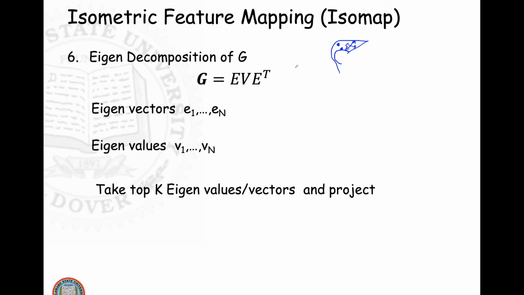And so one of the ways we can get that direction is we can take our affinity matrix G, which is the degree disparity in the rows and the columns, and we can decompose it using Eigen Decomposition. What this Eigen Decomposition gives us is a set of orthonormal basis vectors in the rows, that's E, and then we have the transpose of that, that's E transpose. And then we have our matrix of values, and this is the diagonal.